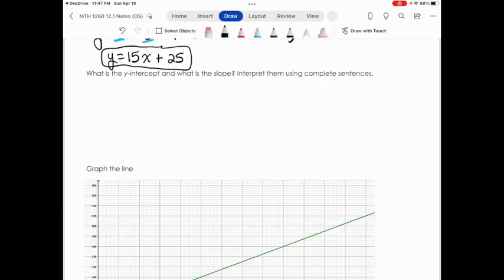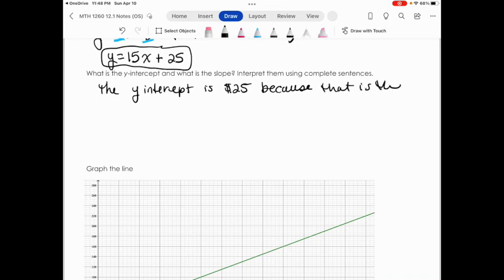Okay, now it says, what is the y-intercept and what is the slope? Interpret them using complete sentences. So the y-intercept is $25 because that is the cost at x equals 0 hours.